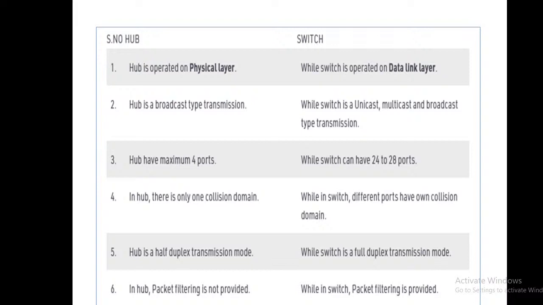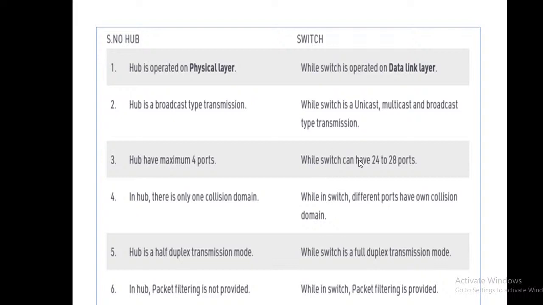You can check here that the hub is a physical layer device, whereas the switch is a data link layer device. So this is a layer 1 and this is a layer 2 device. This discrimination is very important. A hub we have seen with 6 ports also, so it may have more than 4 ports.